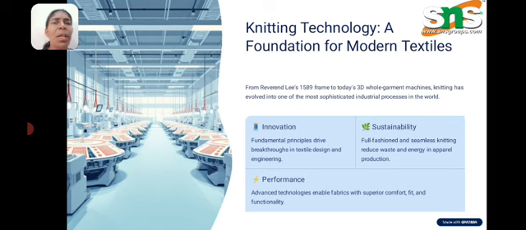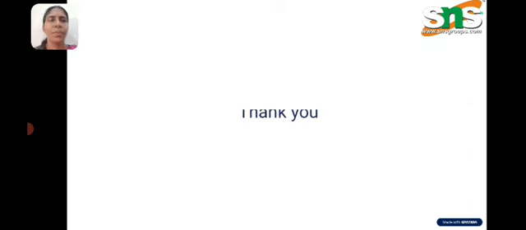Innovation: fundamental principles drive breakthroughs in textile design and engineering. Sustainability: full fashioned and seamless knitting reduce waste and energy in apparel production. The next one is performance: advanced technologies enable fabrics with superior comfort, fit, and functionality.